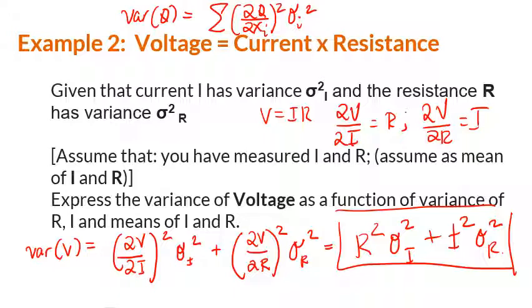So current squared times R squared. IR is voltage, IR squared is voltage squared, which is the dimension of variance. So this is the expression for the variance of voltage in Ohm's law.